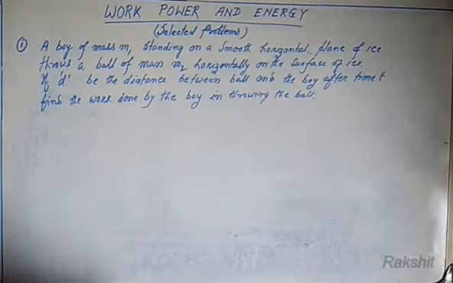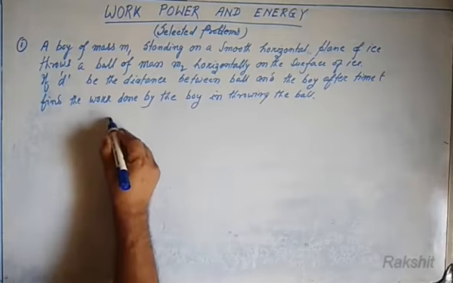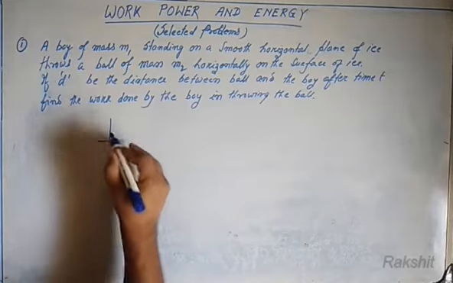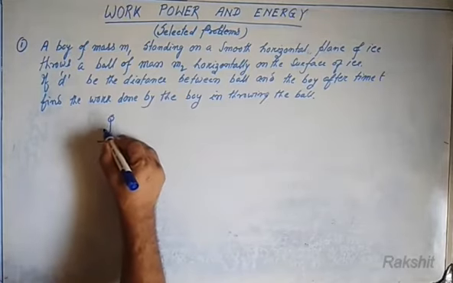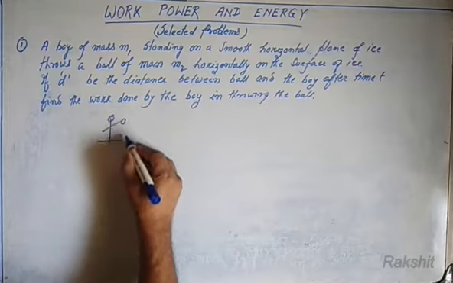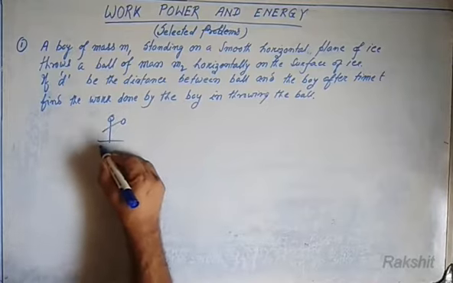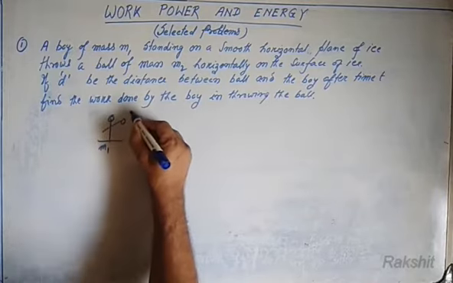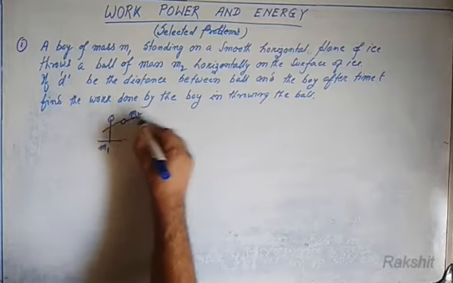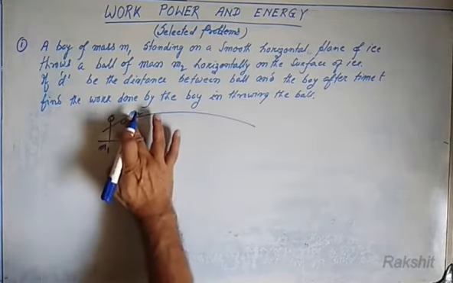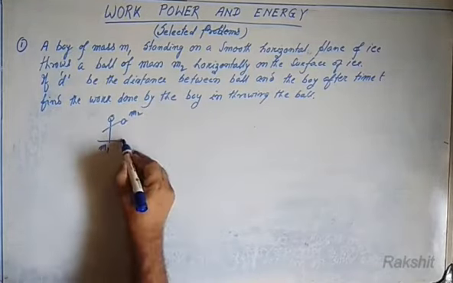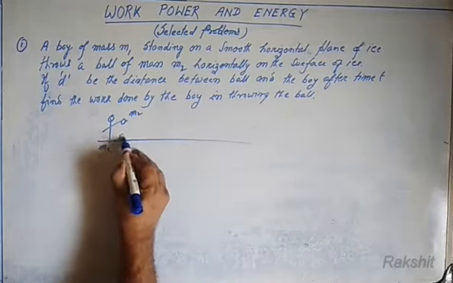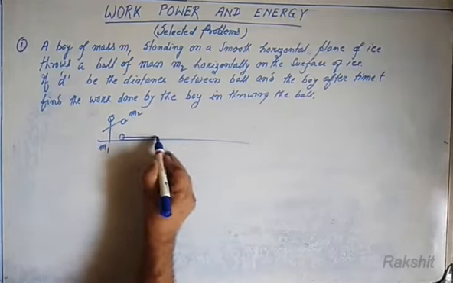So in this problem, there is a boy throwing a ball. The mass of the boy is m1. The mass of the ball is equal to m2. Actually, he is throwing the ball horizontally through this ice.